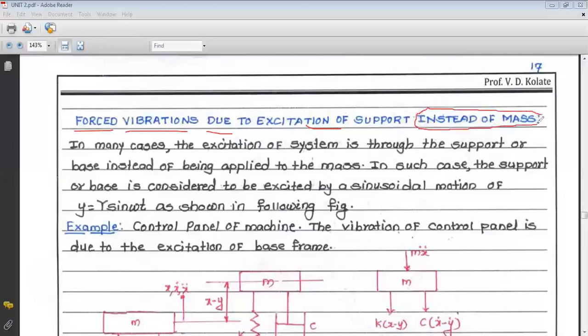So up till now, in all these spring mass systems, in free vibration or in forced vibration, we have given the displacement or applied some external force to the mass.